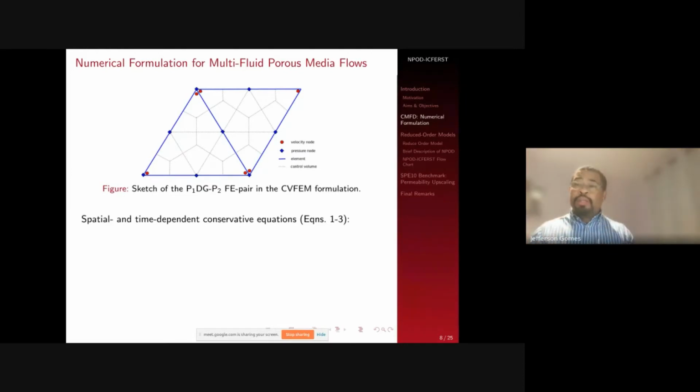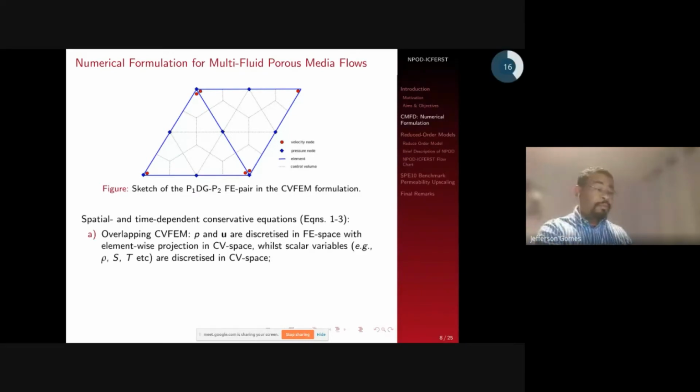So all quantities that we saw in the equations before are basically determined in the finite elements, so this blue triangle here. So pressure and velocity are in this blue element, whereas the other quantities, so saturation, temperature, etc., are in these small hexes, which are control volumes.